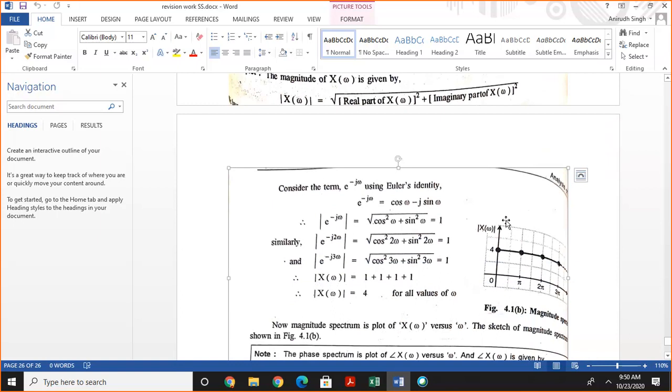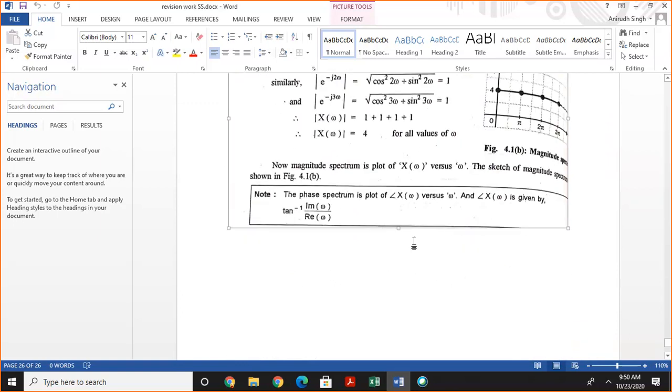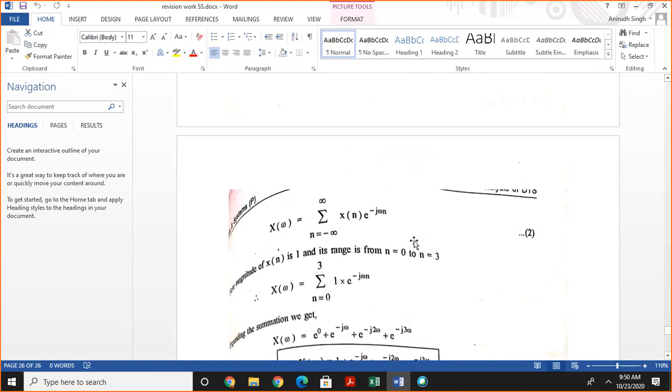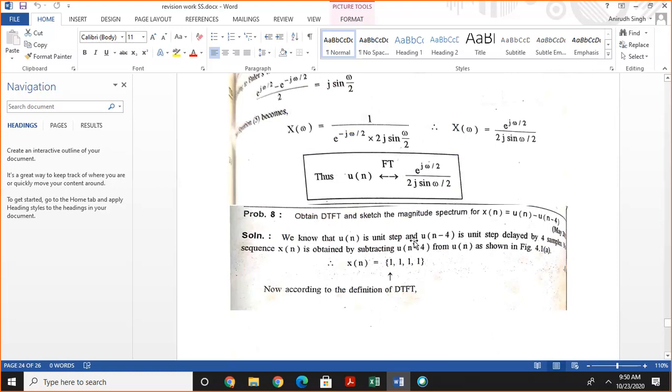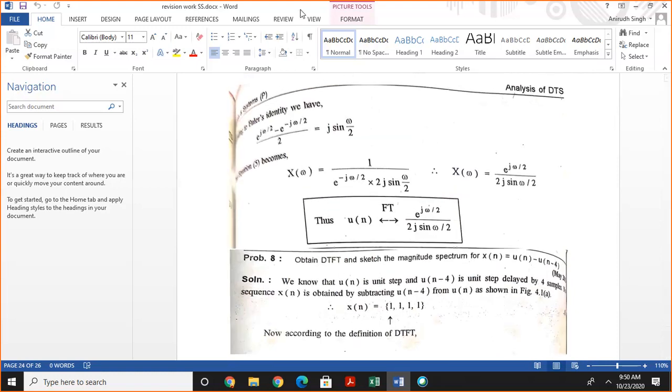Since the magnitude of exponential j omega is given by this, and if exponential minus j omega is written as cos omega minus j sin omega, we can find the magnitude of exponential minus j omega.